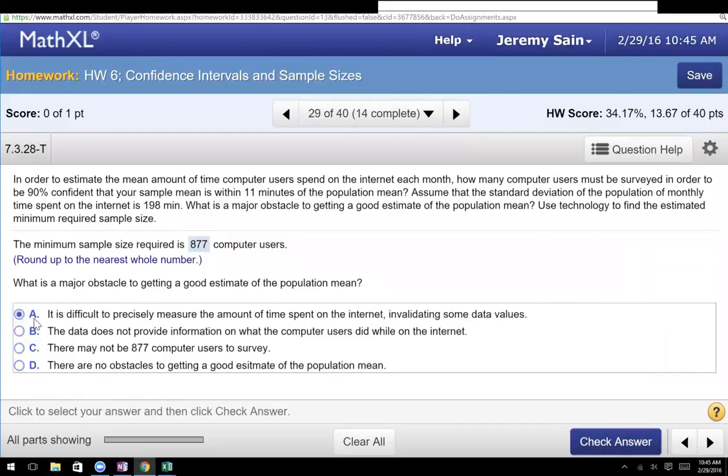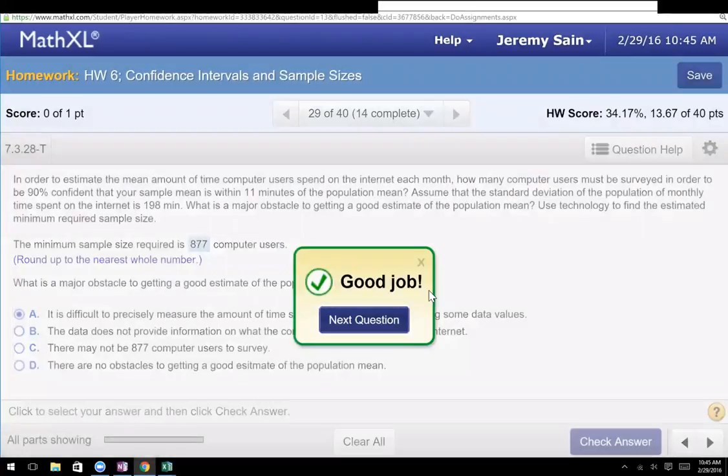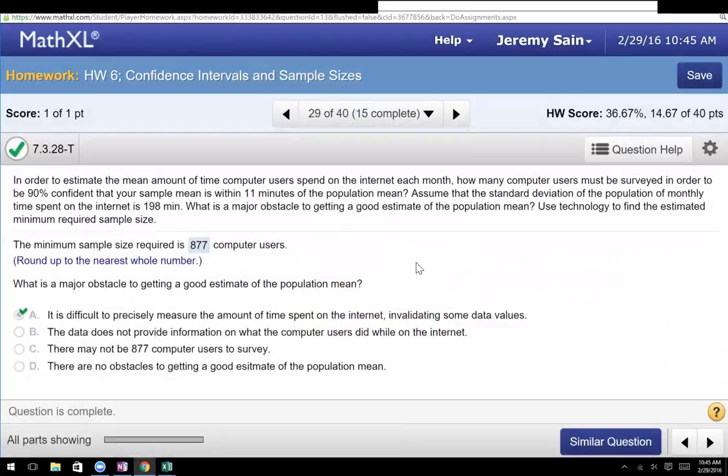I think both of those are bad. I'll say that one's worse. It's like, how much time do you spend watching TV a month? Like, to the nearest minute. Okay.